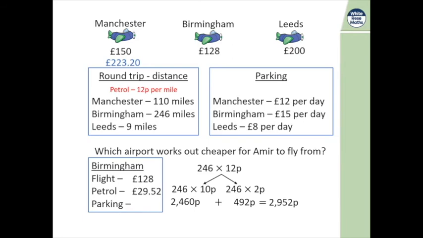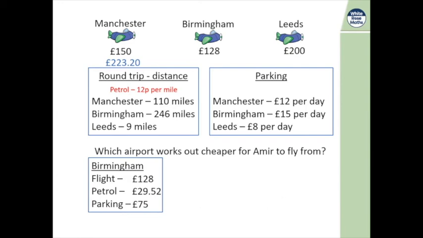And it costs £15 per day for parking at the airport. So Amir needs to leave his car for 5 days, which means 15 multiplied by 5, which is £75. Now we must add together the three amounts.